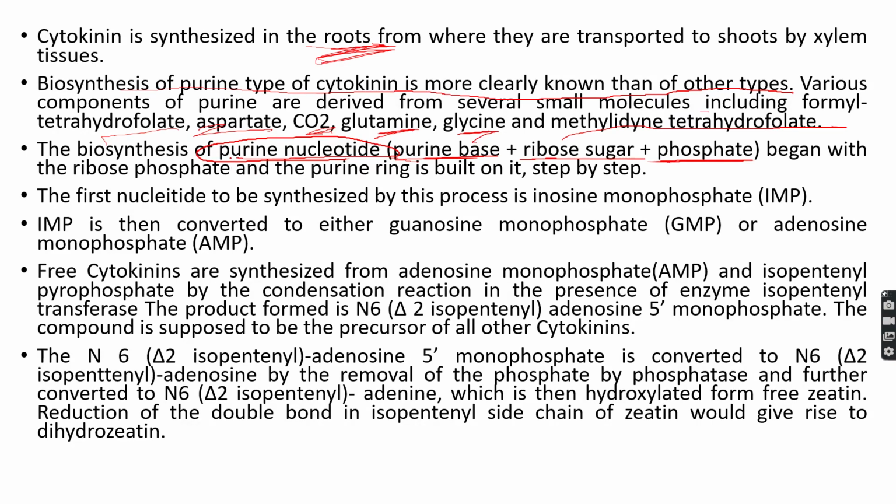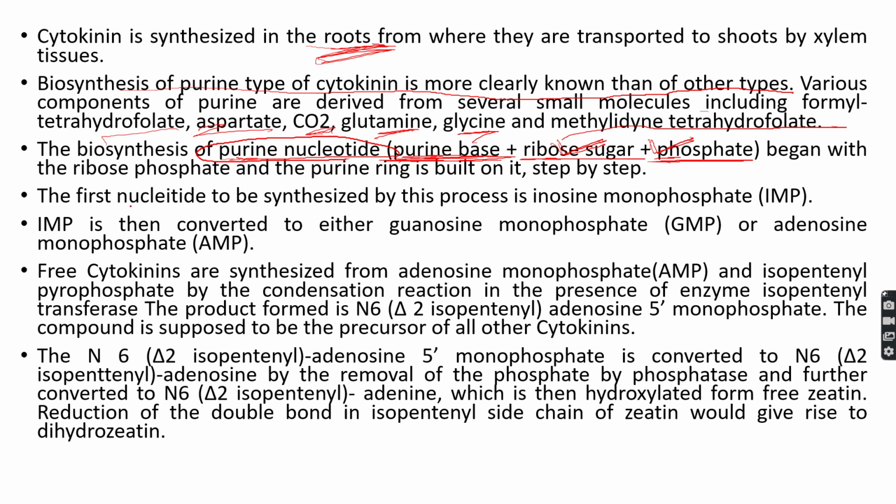So in the previous slide also we understood that adenine ribose phosphate is being formed, and in the first step this phosphate is being removed, and in the second step ribose sugar is being removed, and this adenine is converted to your cytokinin.